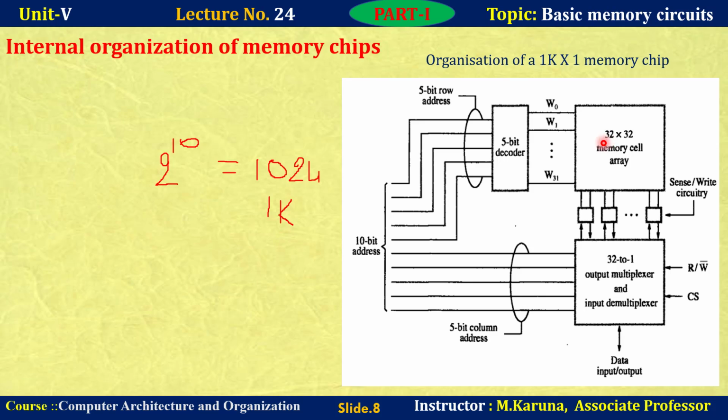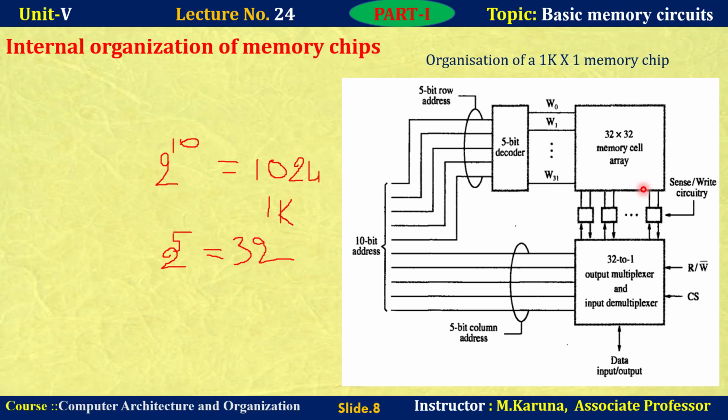So that's why, to get 32 combinations, we need 5 address lines. That's why the address lines are divided into 2 groups of 5 bits each to form the row and column addresses for the cell array. 2 power 5 equals 32. These 5 address lines select a row of 32 cells, all of which are accessed in parallel.